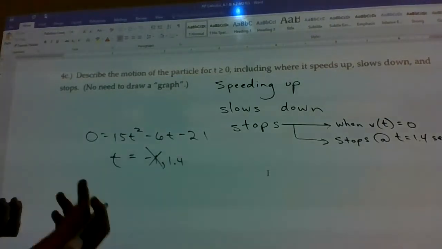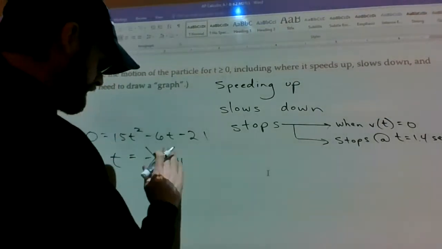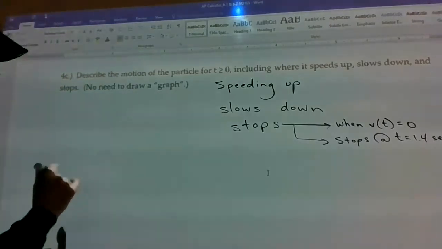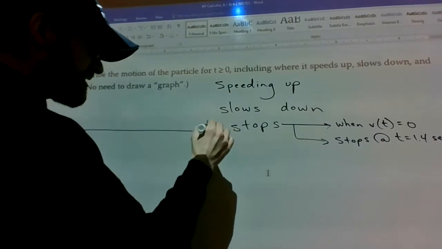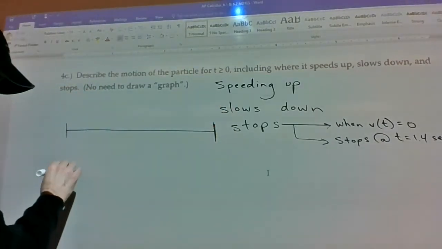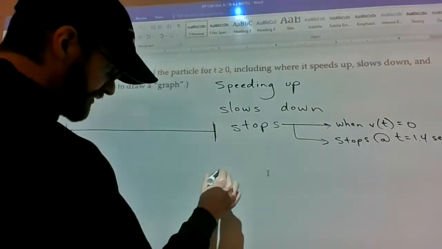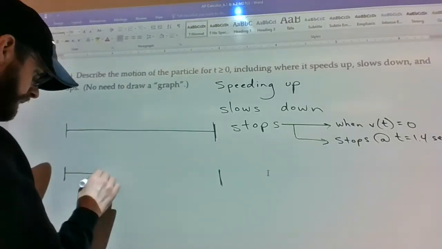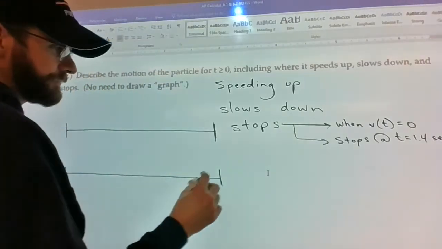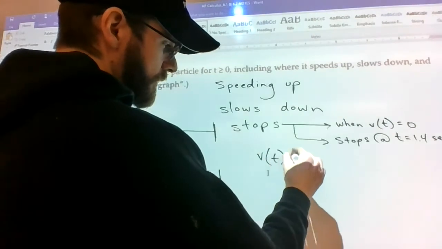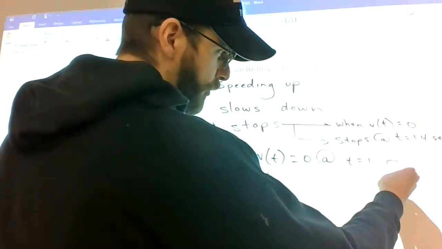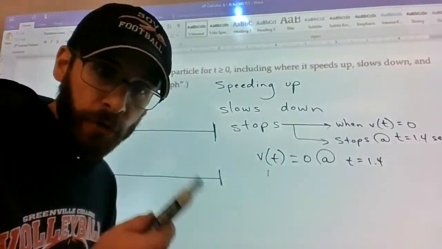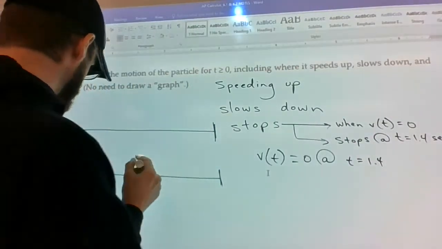So what about this whole speeding up versus slowing down? Well, here's where things get interesting. Think about the velocity and the acceleration functions. So velocity equals 0 at t equals 1.4. You can think of that as a critical number for the position function.